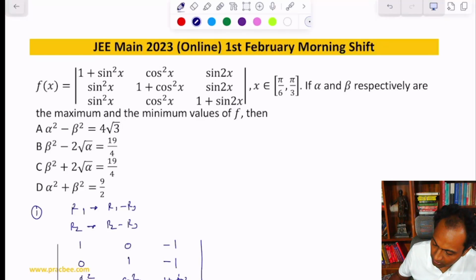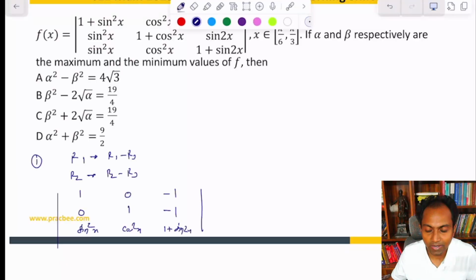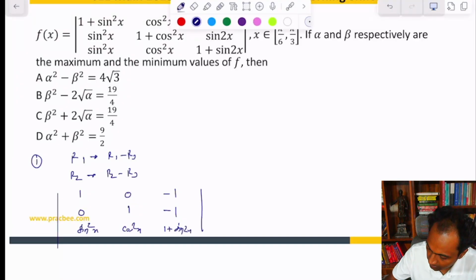Once we have this, now I can expand this. So if I expand this, what am I going to get corresponding to the first row? It would be 1 plus sin 2x plus cos square x. The next term will become 0.